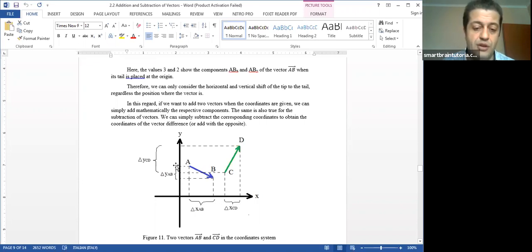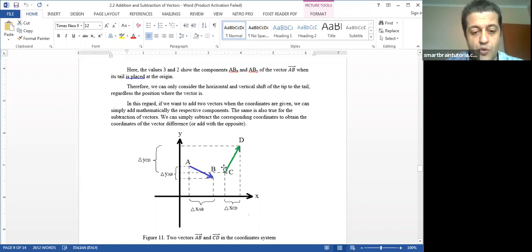The same thing you do with the vertical direction, but in this figure you must take into consideration the fact that the vector AB extends towards negative. It is going down.